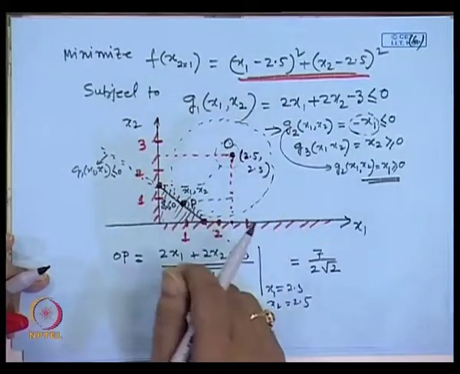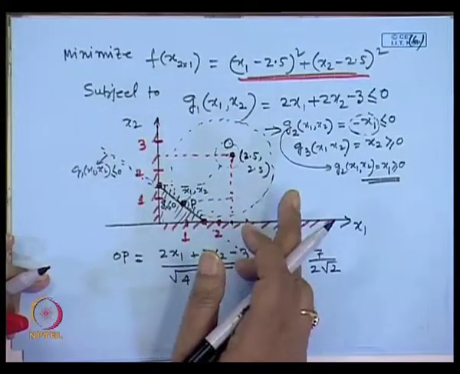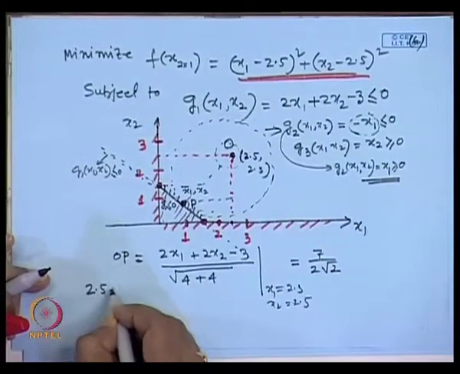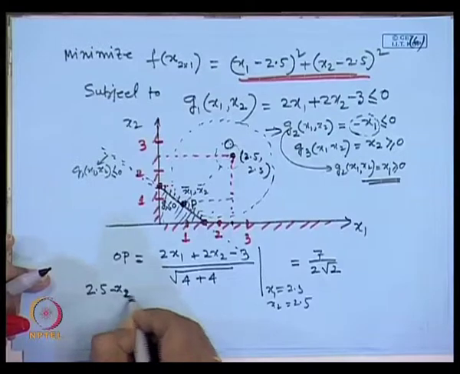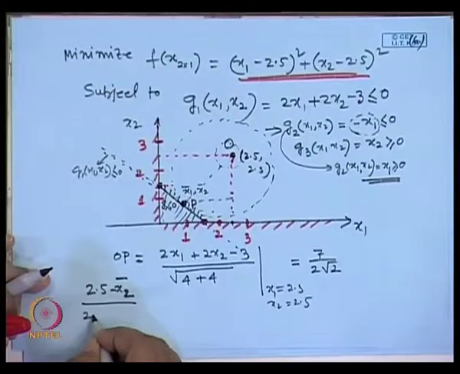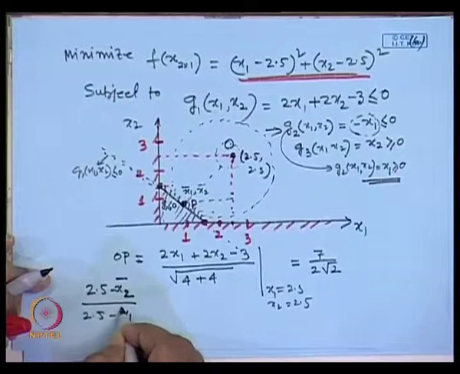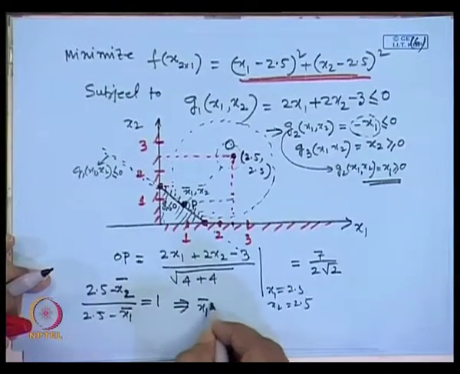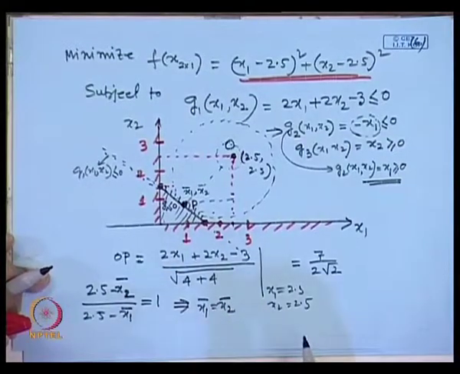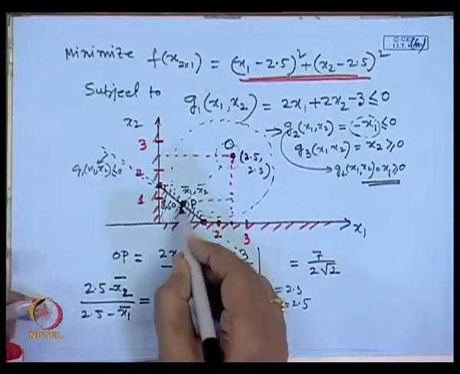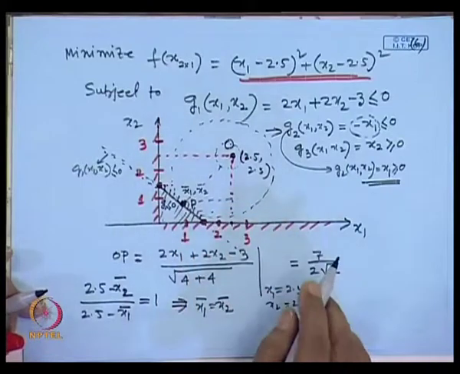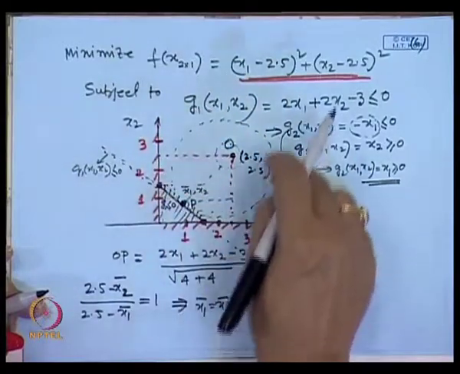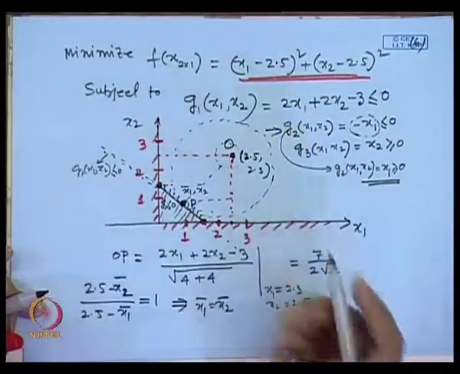From there you will get one expression in x1 bar and x2 bar. I can write 2.5 minus x1 bar over x2 bar minus 2.5 is equal to 1, which implies x1 bar is equal to x2 bar. Agree? So the coordinates x1 and x2 are the same. Next, this coordinate must satisfy the circle equation.